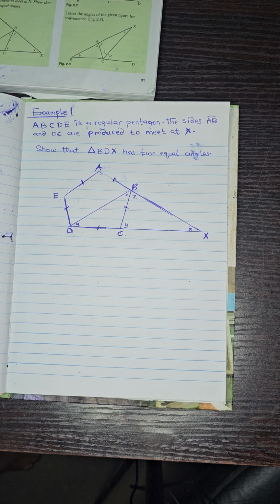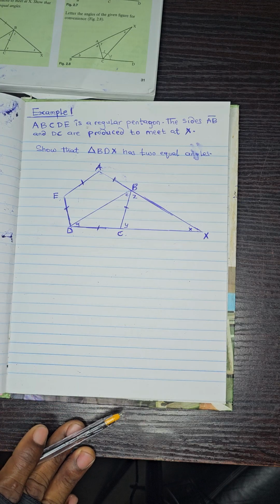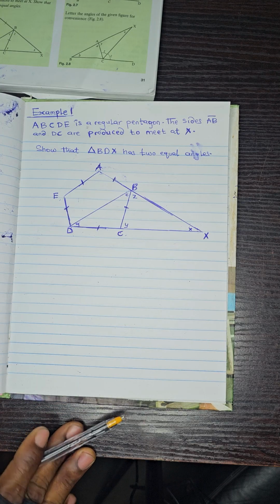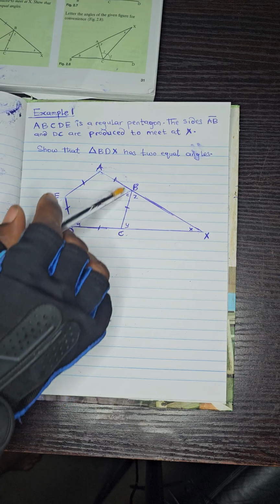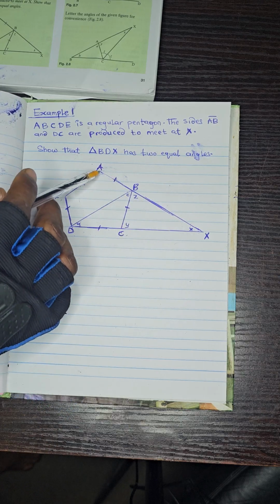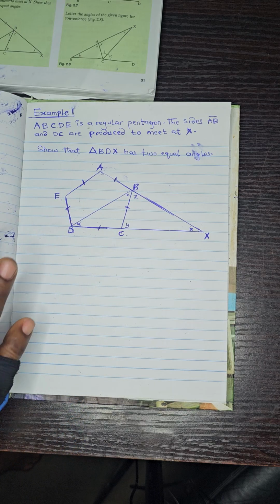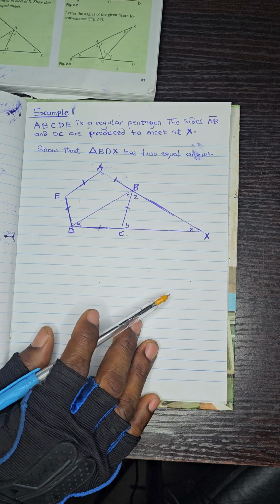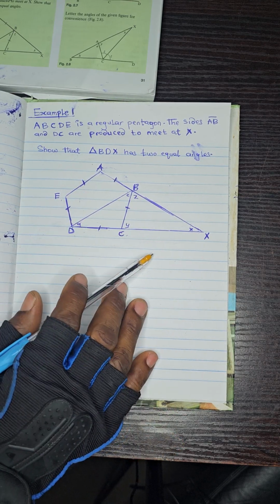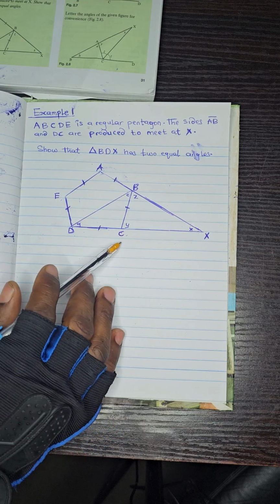Regular means the sides are equal. This is a pentagon because it has 5 sides. It could have another shape where A is bigger than B, but if we hear regular, they are talking about equal sides. And whenever there are equal sides, obviously there are also equal angles. So these are the things you need to note.